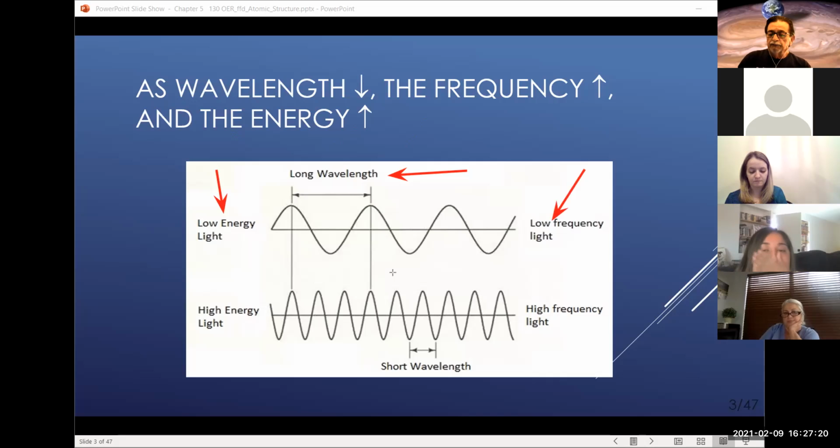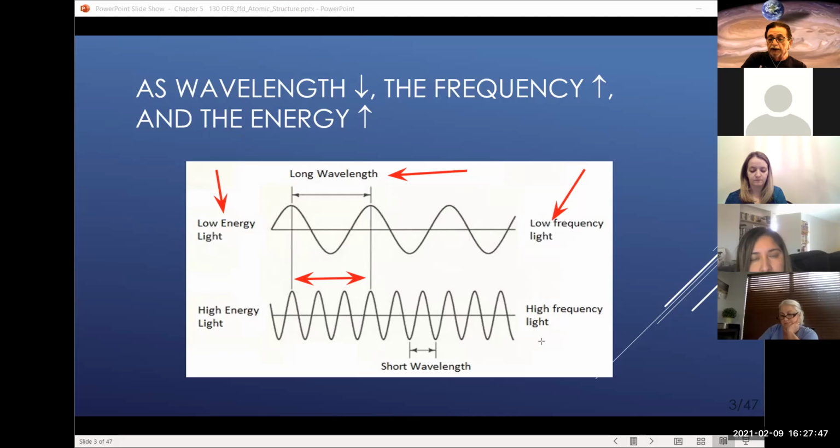Meaning, for example, what if we designate a 1 second time period between these two lines right here? That's 1 second. You can see in the top wavelength, maybe about one wavelength passed in that 1 second time interval. Whereas at the bottom one, you're probably looking at two wavelengths. So two wavelengths occurred within that 1 second.